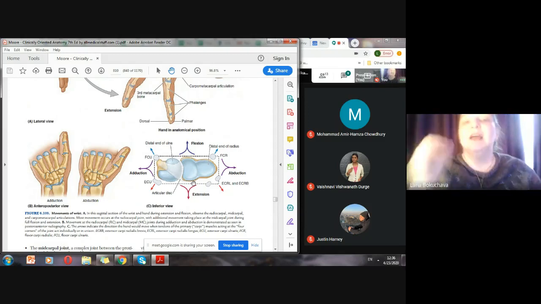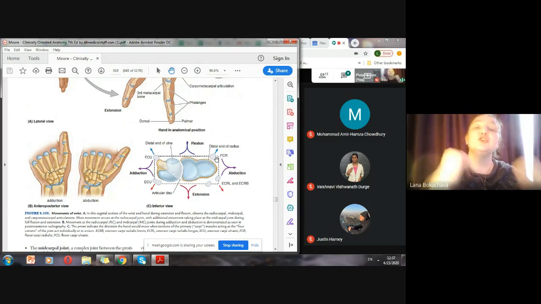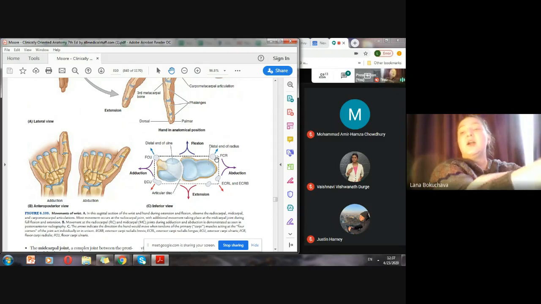As I told you, I don't want you to memorize the muscles now, just to understand. What is also seen here? You have FCU, which stands for the tendon of flexor carpi ulnaris muscle. FCR stands for flexor carpi radialis, meaning that these are two muscles originating from the forearm.